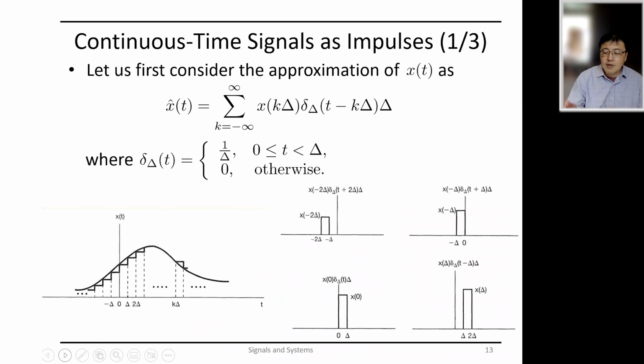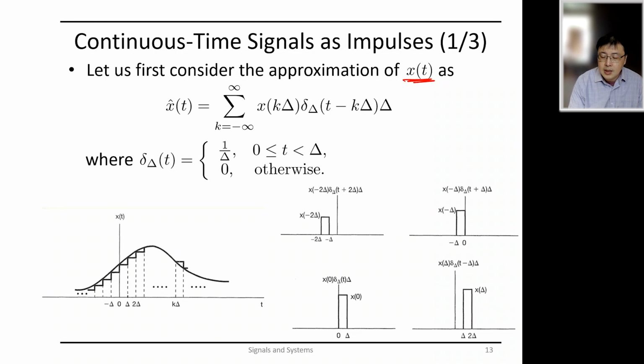Looking at an exact, continuous time function x of t, let's look at an approximation x hat of t that is equal to the summation of x of k delta times delta sub capital delta of t minus k capital delta times capital delta.